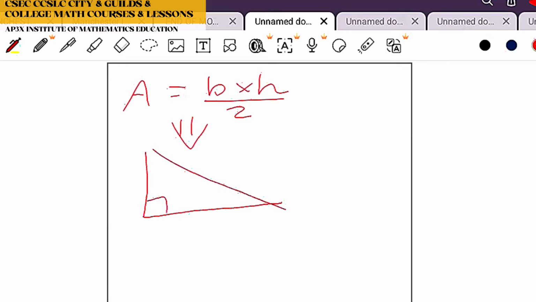And we've also explained that a triangle can only have a height and a base simultaneously if there is a 90-degree angle in the diagram.